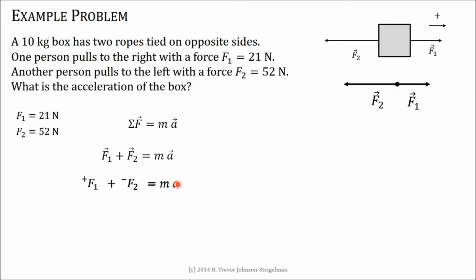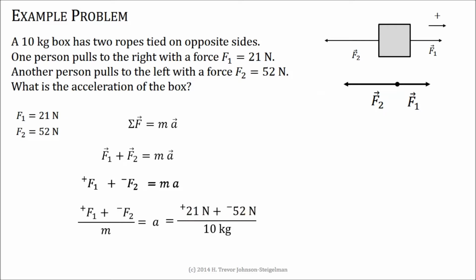Now I know in my head that this is going to end up going to the left, which should be a negative number, but I don't force that in there. That's going to fall out naturally from the math. Okay, so I do a division, divide both sides by m to get a by itself. Now I've done all the algebra that I can do. I'm going to throw in my numbers, and here the numbers are just thrown in as 21 and 52.